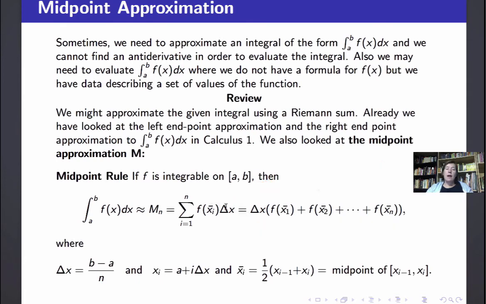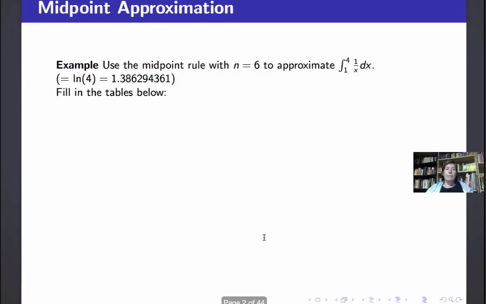So that's the sum of the length of the base of each approximating rectangle, which is delta x, times its height, which is f evaluated at the midpoint. And this gives us a nice tidy formula for our midpoint approximation with n approximating rectangles, namely delta x times f of x1 bar plus f of x2 bar, etc., etc., plus f of xn bar.